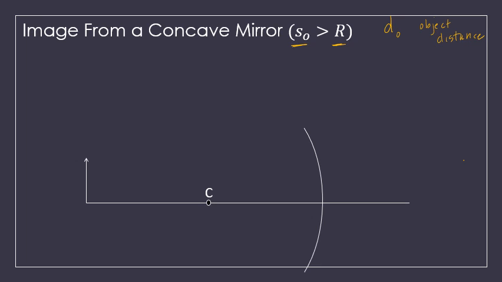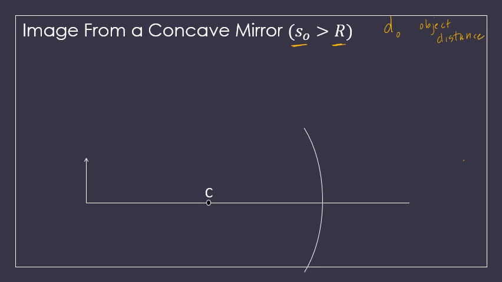So let's look at our first case, one where the object is located at a greater distance than the radius of curvature. I will note earlier I mentioned to you that DO is the object distance, and that is the way that you will find it on Sapling, but your book uses SO. So let me make that clear. DO and SO are the same variable here.